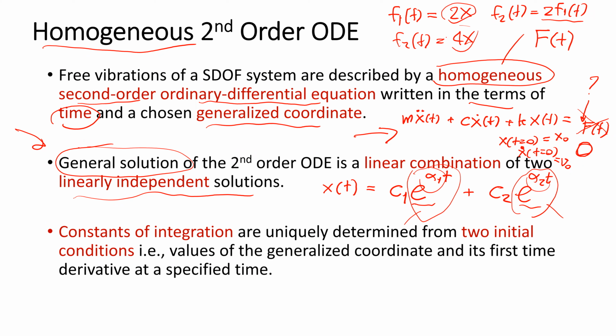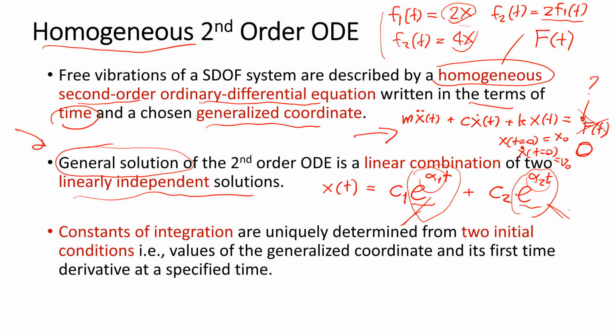But if the two exponential functions cannot be written as a linear multiplication of each other, they are linearly independent.